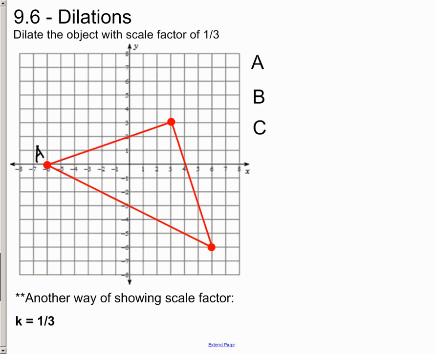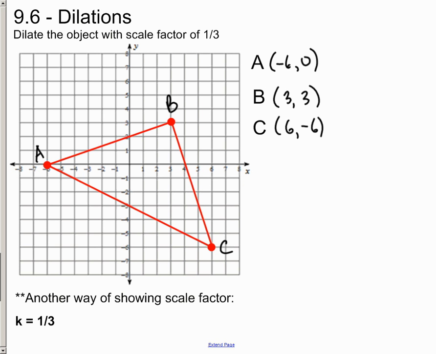Let's go ahead and name them. A, B, and C. Most of the time they're named. It's just I forgot to set that up earlier. So let's see. That's -6, 0. Here's B at 3, 3. And here's C at 6, -6.